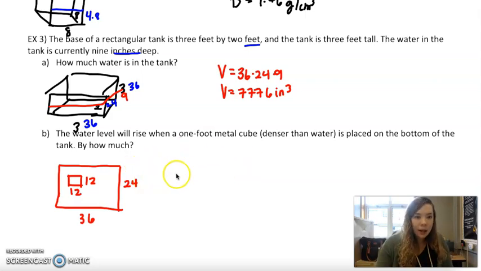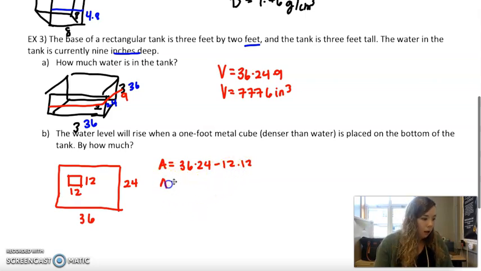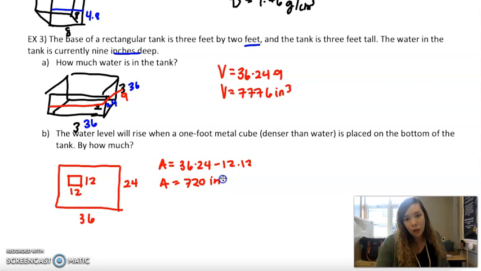So if I take this cross-section area, I would have for my area 36 times 24 minus my 12 by 12. So let's see what that would be. 36 times 24 minus 144 is 720 square inches. And then I would still have to figure out how much my water is rising.